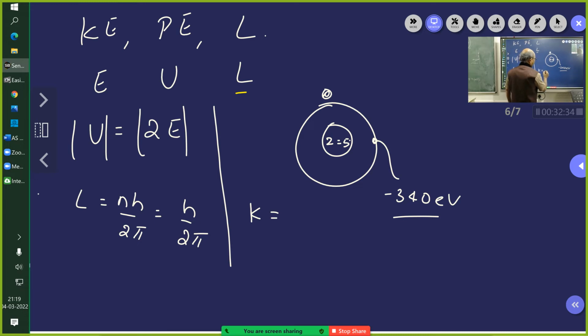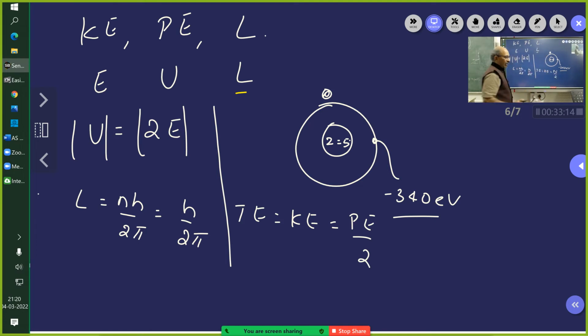The kinetic energy. The total energy will itself be equal to kinetic energy. Correct? See, yesterday when we took up the theory, we proved that the total energy of the electron in a given orbit will be equal to kinetic energy, and this kinetic energy will be equal to half the potential energy.